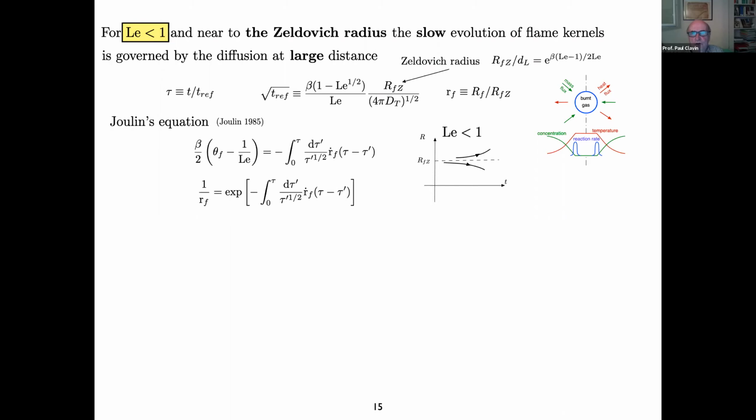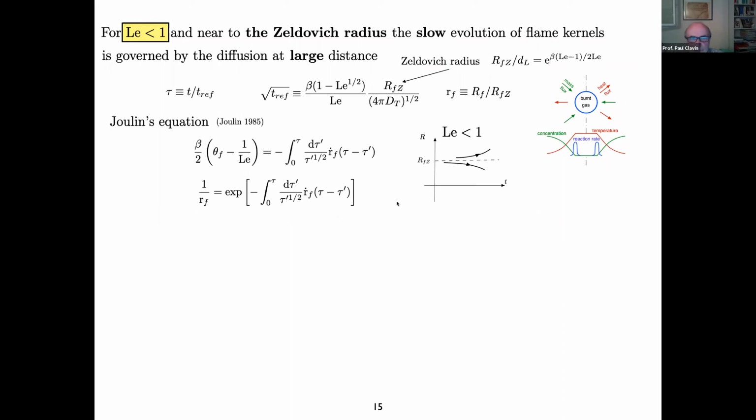The slow motion of the flame kernels: a solution for this slow motion was obtained by Guy Joulin, and the equation he obtained is for the radius, the ratio of the radius divided by the Zeldovich radius, which was given here.